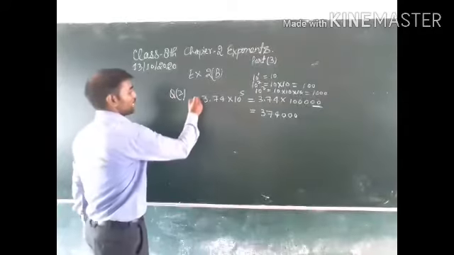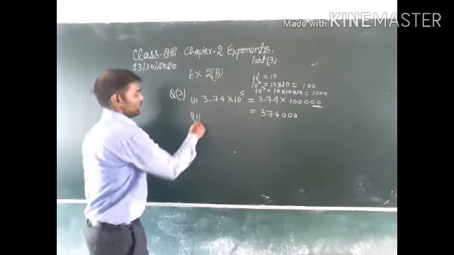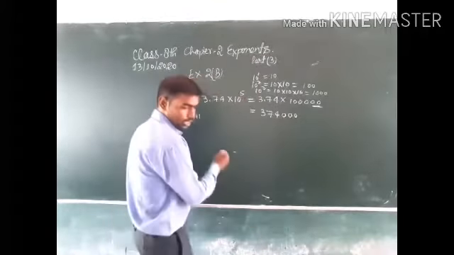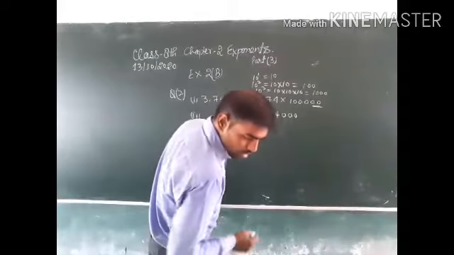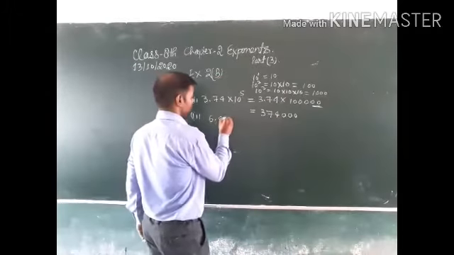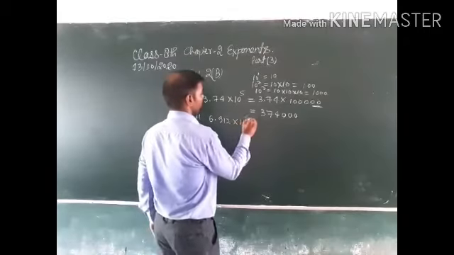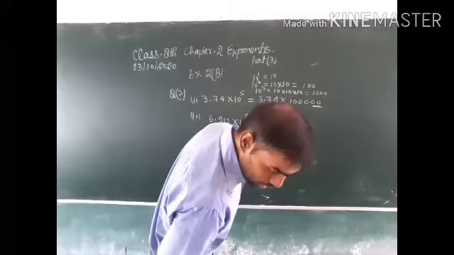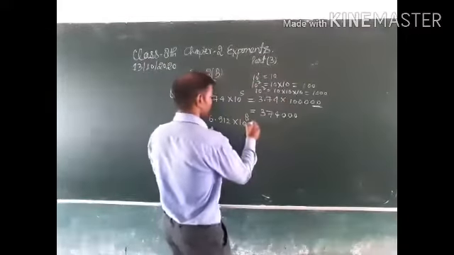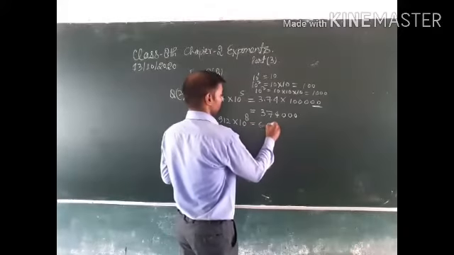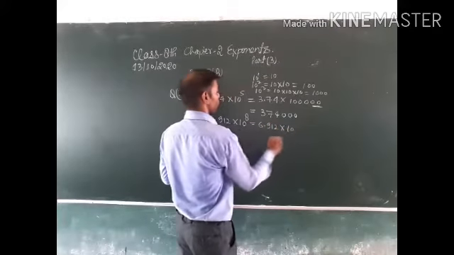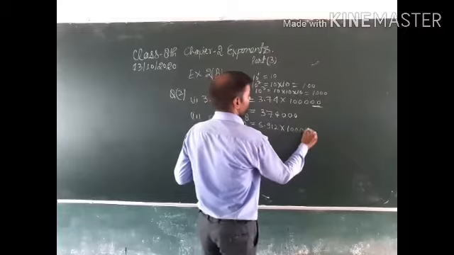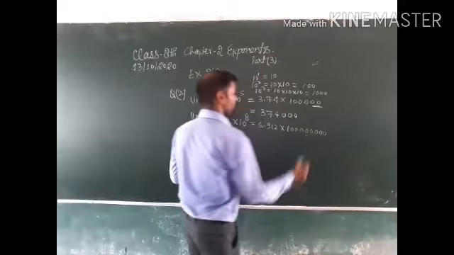Now the second question. 6.912 into 10 to the power 8. So we can write 6.912 into 10 to the power 1, 2, 3, 4, 5, 6, 7, 8.